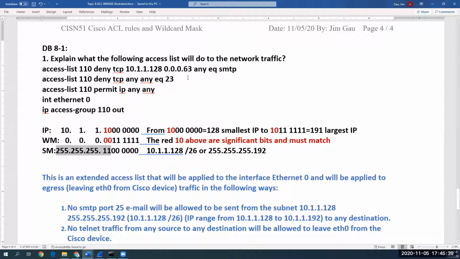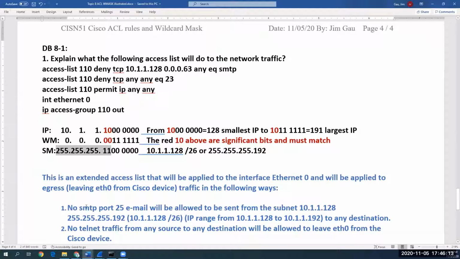And of course, you just gave me this WM, but I want to figure out what IP addresses will hit this line, will be applied with this line, will match all the significant bits. It's a /26, because if I put a mask in here, all of them coming in will be 10.1.1, but with the first 2 bits of the last byte being 1, 0, right? So this is the answer.